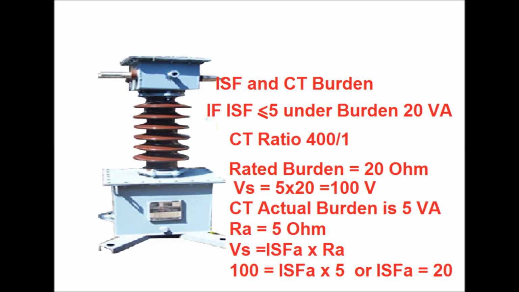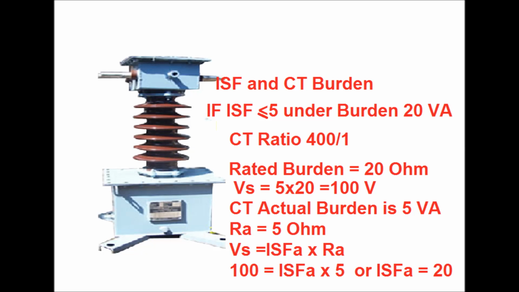Now consider that the CT actual burden, that is the actual burden connected in the CT secondary circuit, is 5 VA. So in terms of load in ohms, RA is equal to 5 ohm under rated current. So the actual ISF in the real case will vary as per the formula Vs is equal to ISF_A into RA.